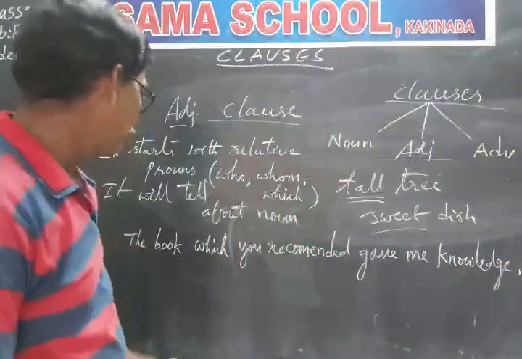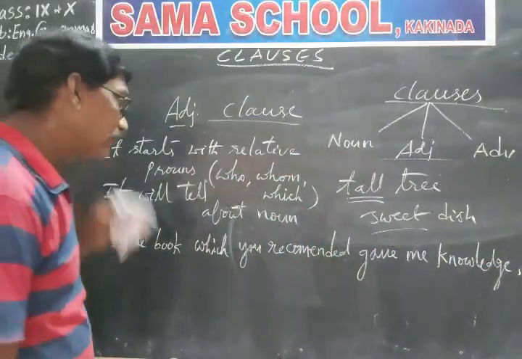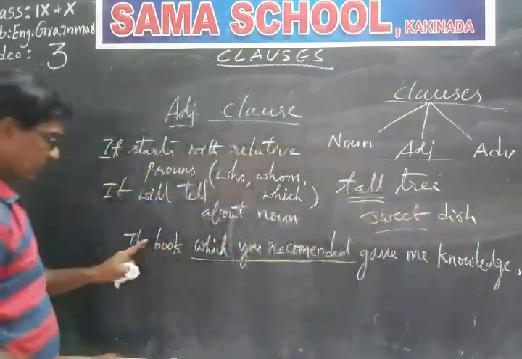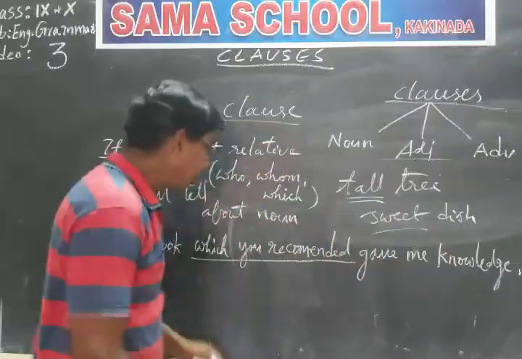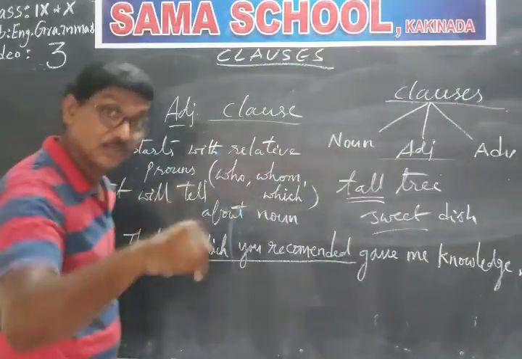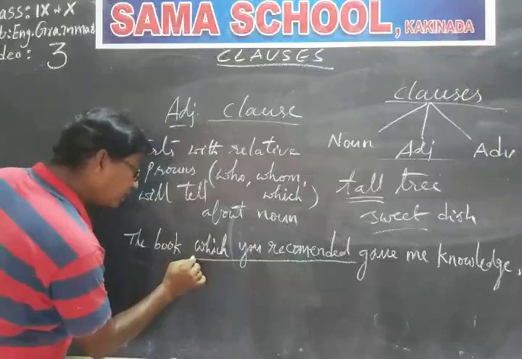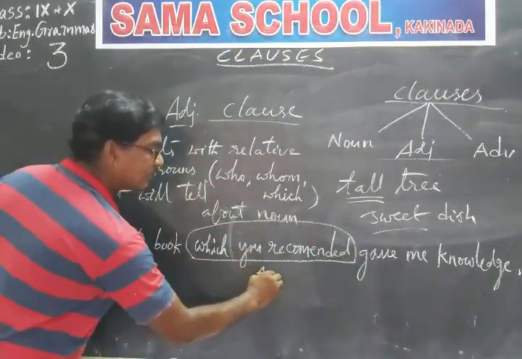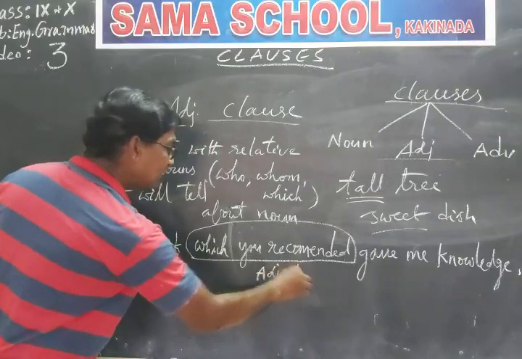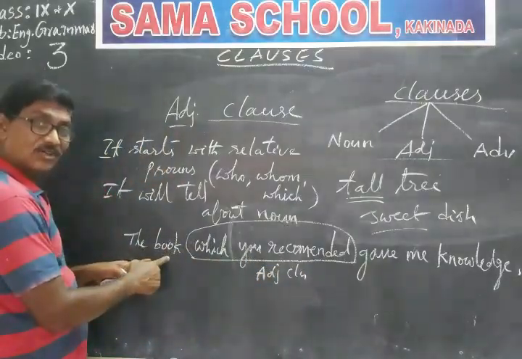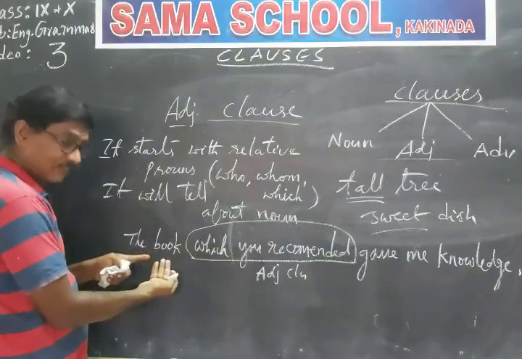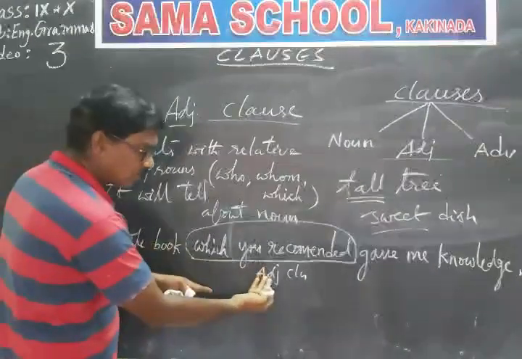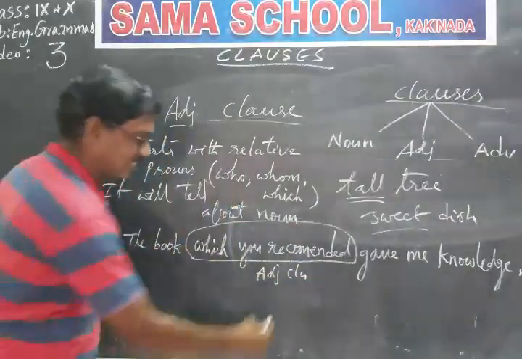Which book gave me knowledge? Which you recommended. So this is the adjective clause. It is speaking about the noun, qualifying the book here. So it is called an adjective clause.